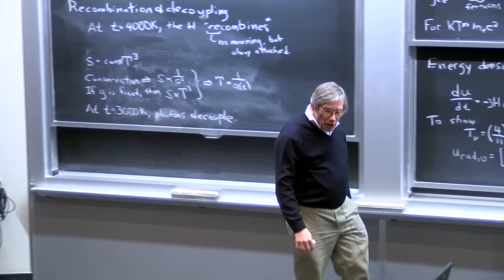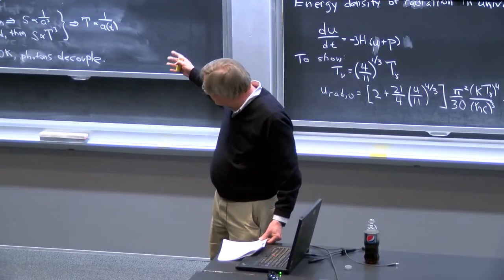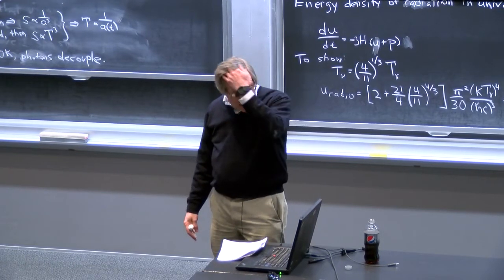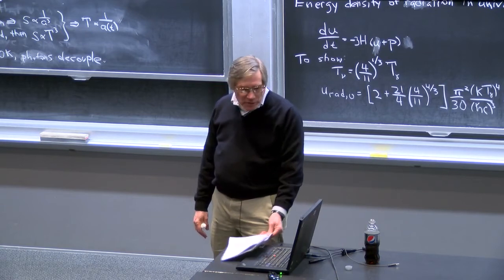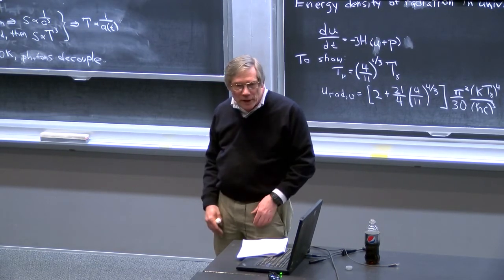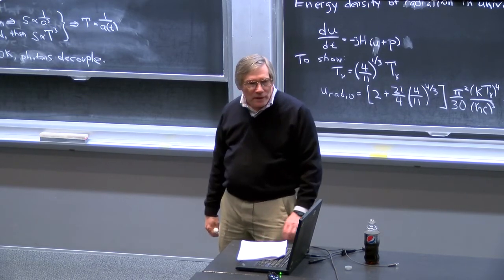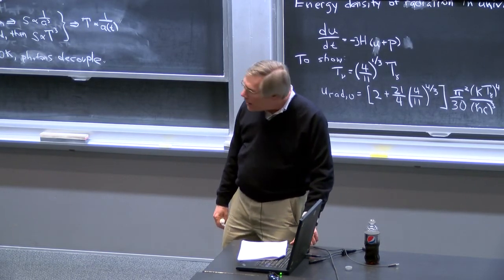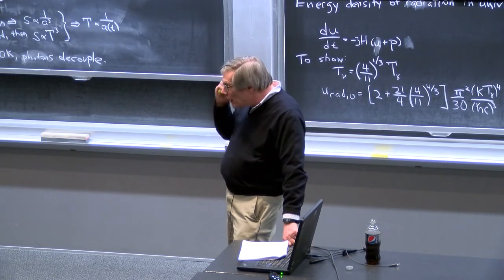Now, the definitions are that recombination is usually defined as the temperature at which half of the hydrogen has recombined, but some significant fraction of it is still not yet recombined. It doesn't happen suddenly. It happens gradually. So you have to pick some point along the way to say this is the temperature that defines the recombination. And it's usually taken as the halfway point, which I think is the number used to calculate that.